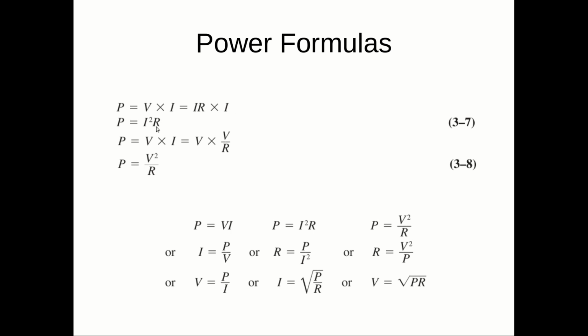It's I square R, or it's V multiplied by I. So you remove I and just use V over R, so it's V square over R. So these are different shapes of the two equations, Ohm's law and the power formula. So if you have two quantities, you can get the other two very easily. This is the different writing for it, the same meaning.